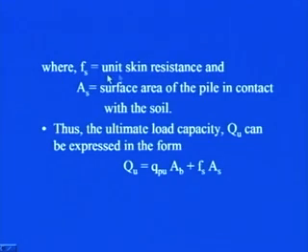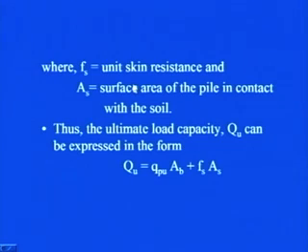So, f_s is your unit skin friction resistance, A_s is the surface area of the pile in contact with the soil, because when the load is coming to the pile, there is vertical movement, and because of that shear stresses are getting generated and they are resulting in skin friction resistance. So, along this surface area of the pile which is in contact with the soil, this unit friction resistance will get developed, and if you multiply these two, you will get the ultimate skin friction resistance.